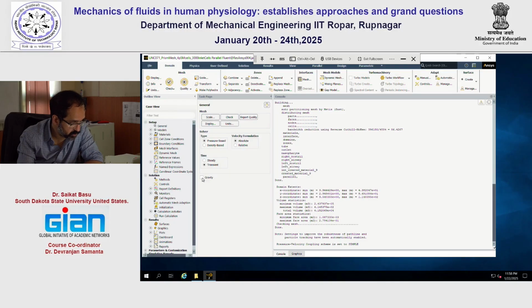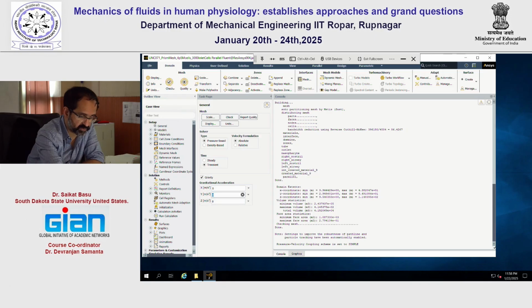But since here the eventual goal is to get the particle transport data, let's turn gravity on, and then you can assign what direction you want the gravity to be.